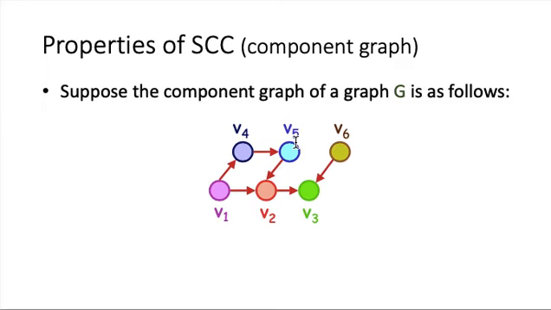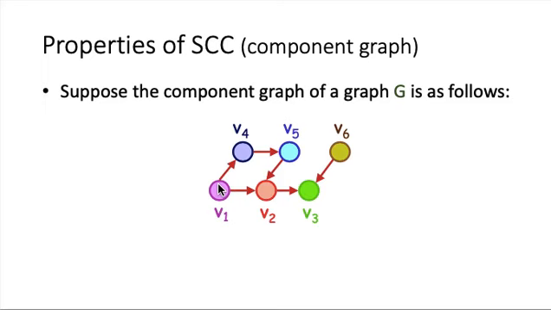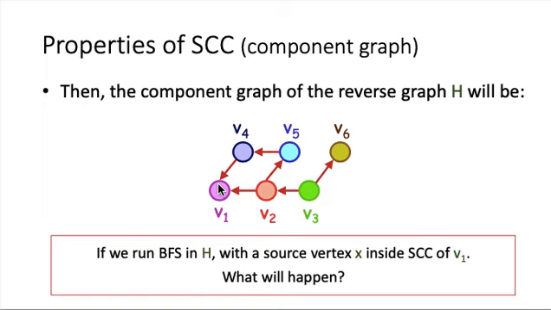But since the arrows are in the reverse direction, when we have an arrow from V1 to V4, then for the component graph of H, the arrow will be reversed. So it is rather simple. We get this component graph of G, and by reversing all the arrows in this component graph, we actually get the component graph of the reverse graph of G.